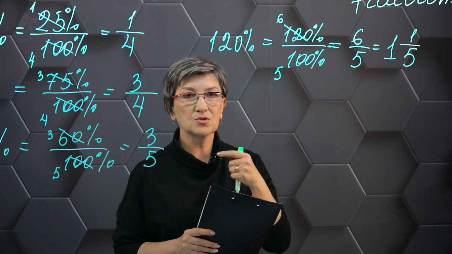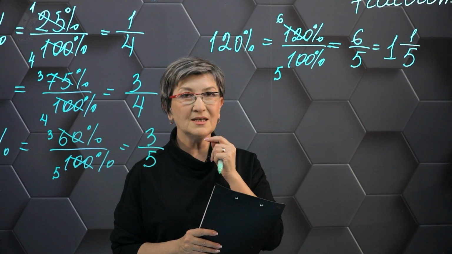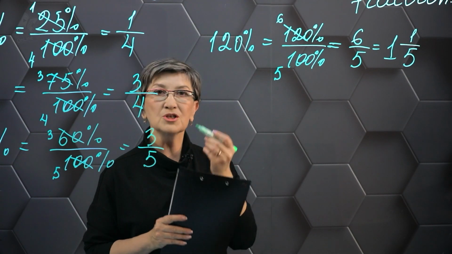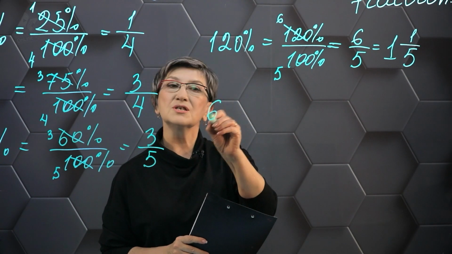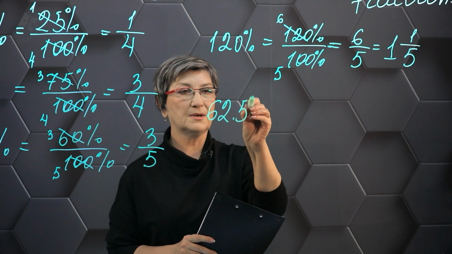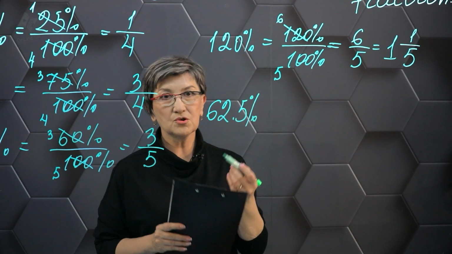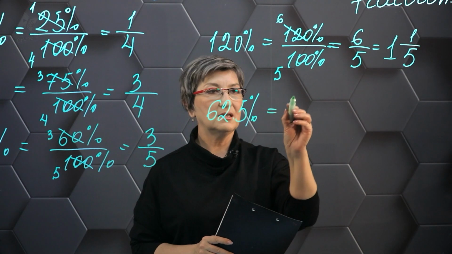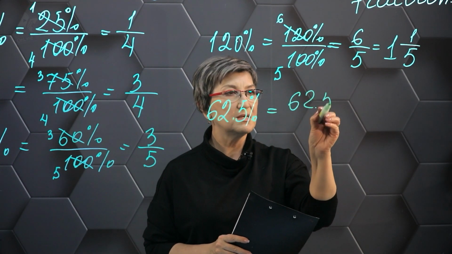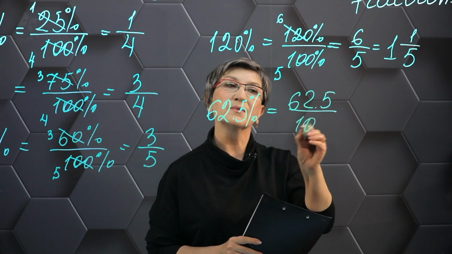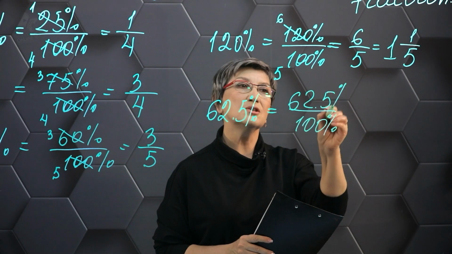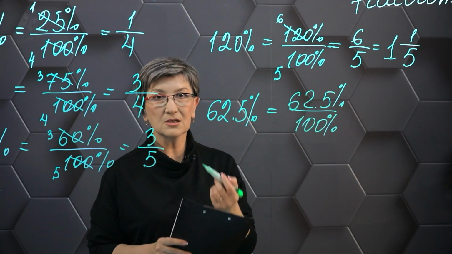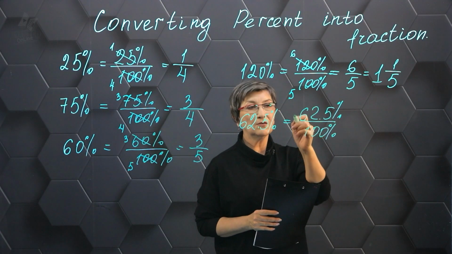Now let's look at another interesting example. If I need to convert, let's say, 62.5% into an ordinary fraction, what should I do? Applying the same rule, I must divide 62.5 by 100. But how do we divide 62.5 by 100? What are we supposed to do?